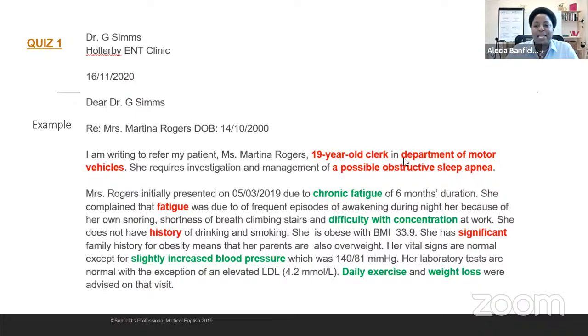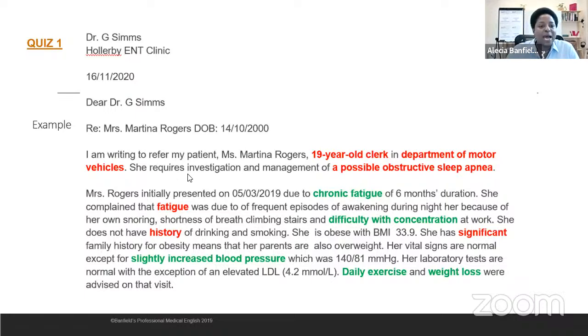At this point, type into the chat, what goes before Department of Motor Vehicles. In the Department of Motor Vehicles. Correct.